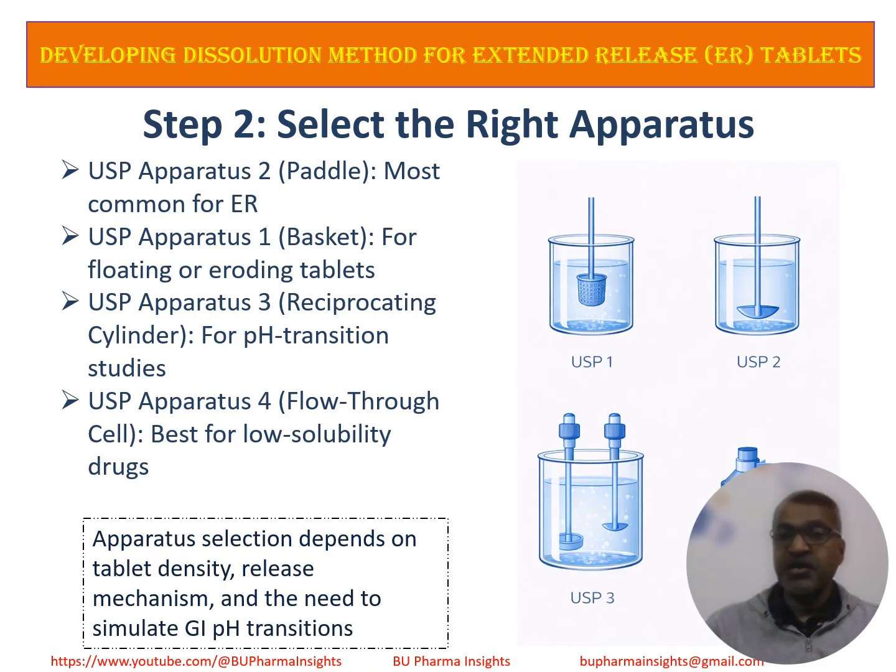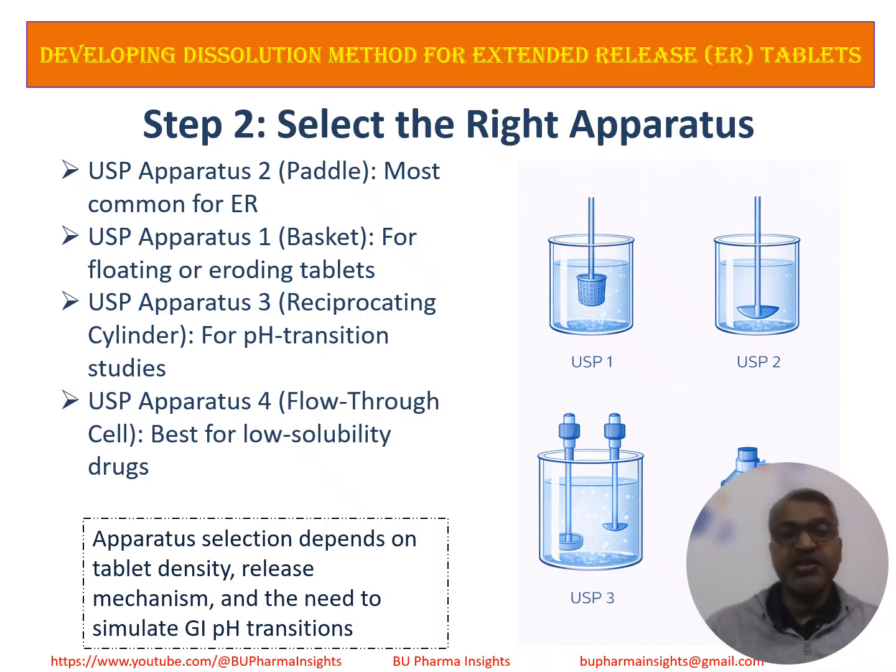Many ER products change their behavior across different pH stages, which is why apparatus selection is critical. Different systems need different hydrodynamics. USP apparatus 2 is most common for ER tablets. USP apparatus 1 is preferred for floating or eroding tablets to prevent surfacing.